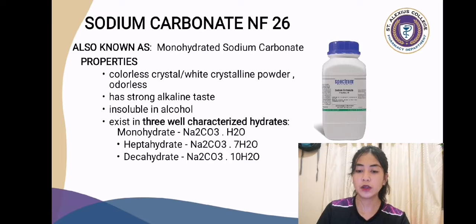Second, the heptahydrate, Na2CO3·7H2O. From the word hepta, it contains 7 moles of water. And lastly, the decahydrate, Na2CO3·10H2O, which basically means that it contains 10 moles of water in this compound.